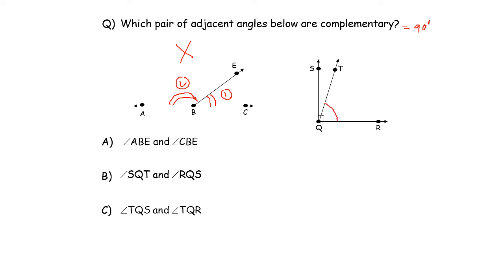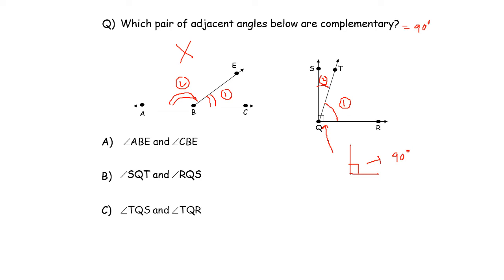The sum of this angle, angle number 1, and this angle, angle number 2, seems to be complementary because their sum is 90. Look at this symbol. I told you, this symbol represents a right angle. This symbol represents 90 degrees. So here they are 90 degrees.